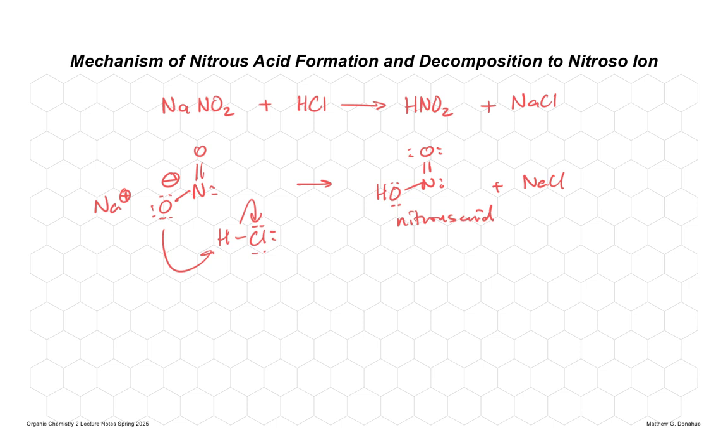This thing will decompose to the nitroso ion. Before I start drawing, what do you think is going to happen? Remember, you're still in the presence of a lot of HCl. Yeah, so the OH is going to get protonated, and then you're going to do an elimination.